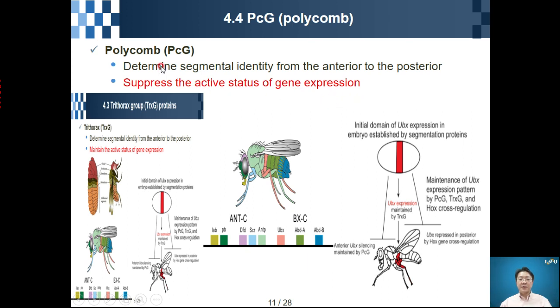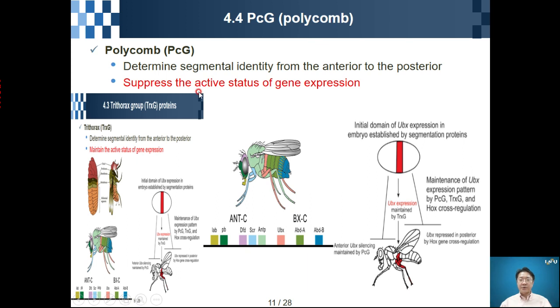This is totally opposite to the TRXG function. TRXG also determines segmental identity from anterior to posterior, but its specific function is to maintain the active status of gene expression. However, PCG suppresses the active status of gene expression.